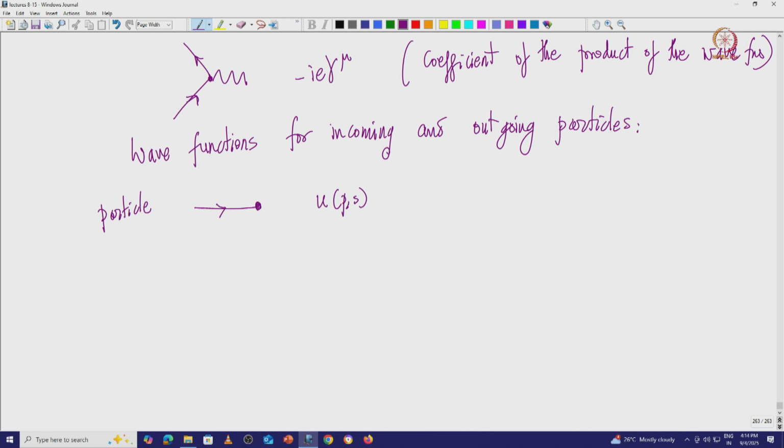An outgoing electron, meaning it goes out from the vertex, is u bar of p, s.